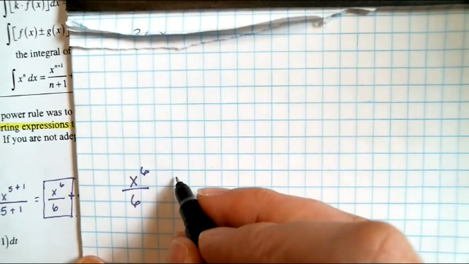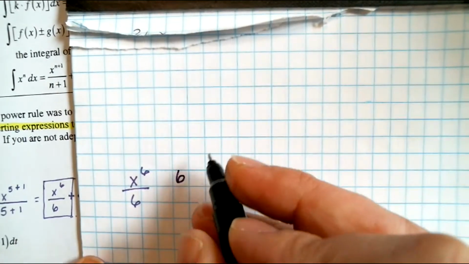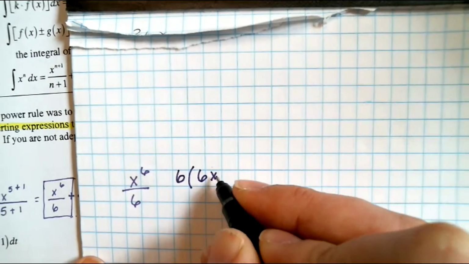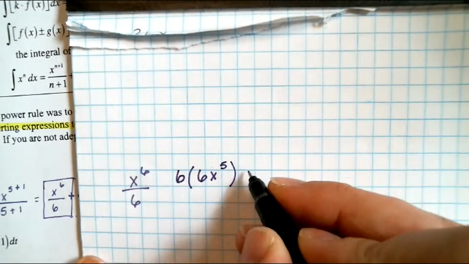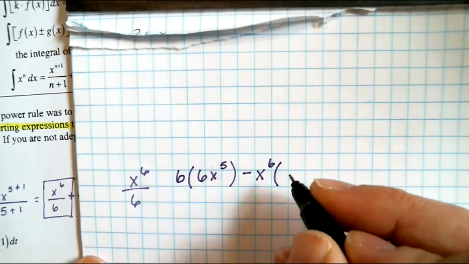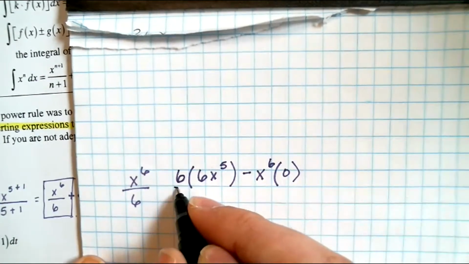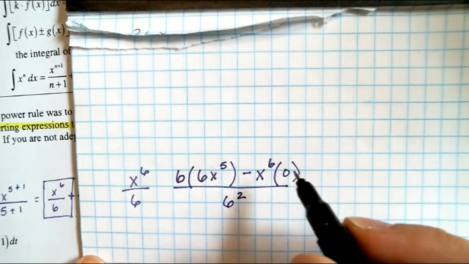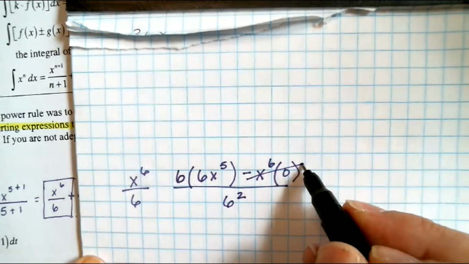So if I say low times the derivative of the high, which would be 6x to the 5th power, minus the high times the derivative of the low, which would be 0, over low, that takes care of itself.